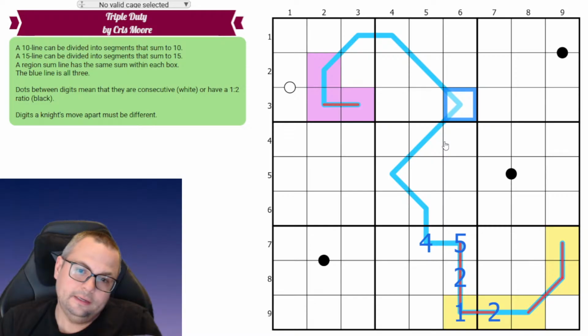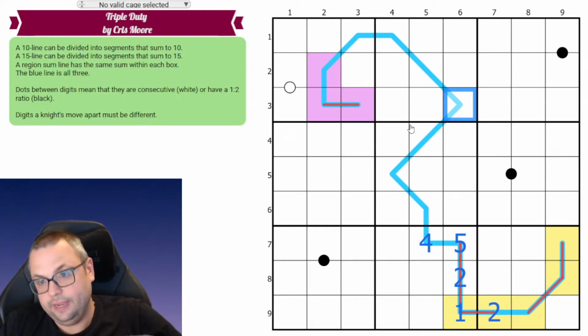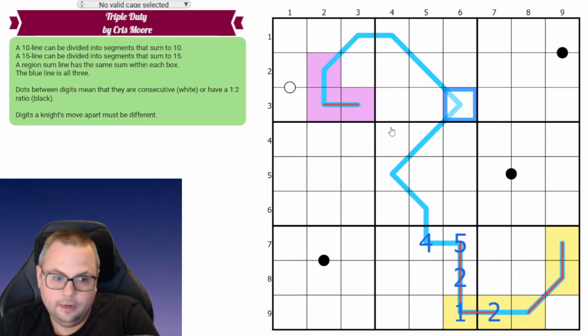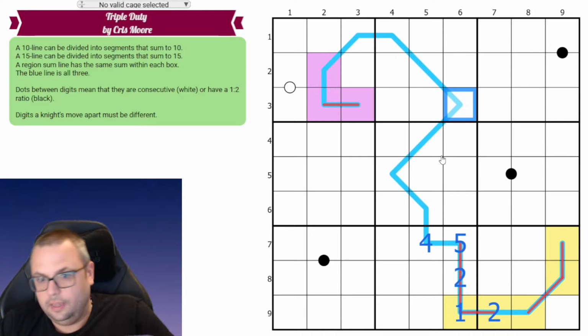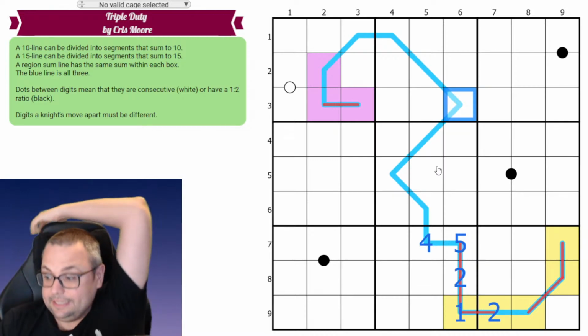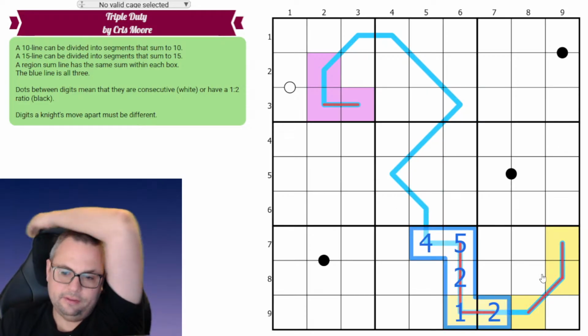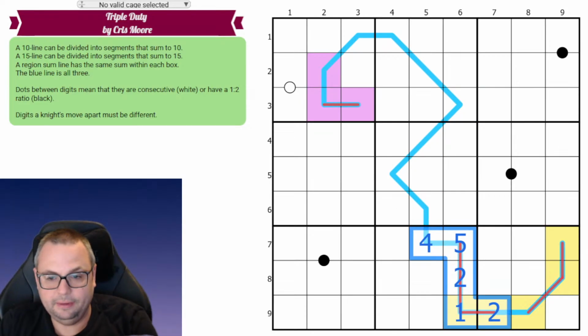And then in this box, we would need to hit the total 30, and then the total 36. I guess that's all okay. I can't see why this breaks. This might actually be what's happening.